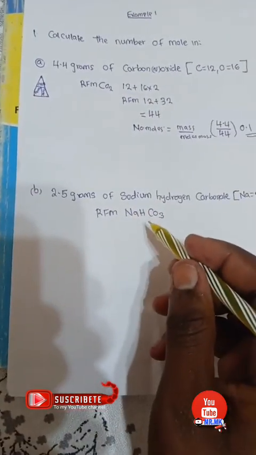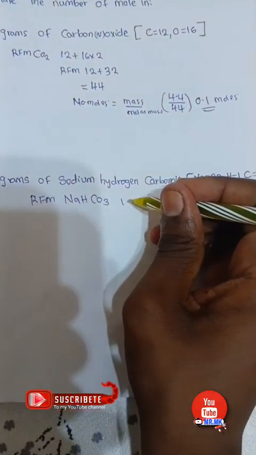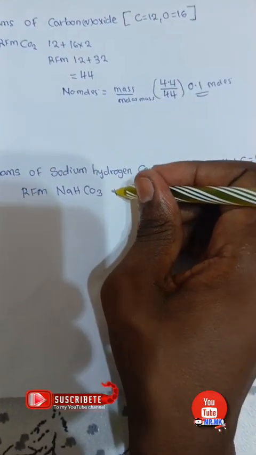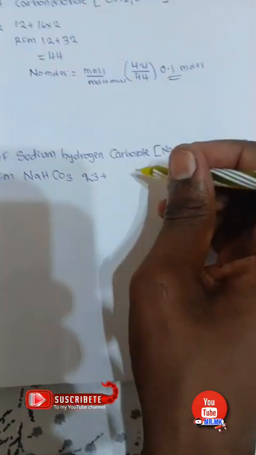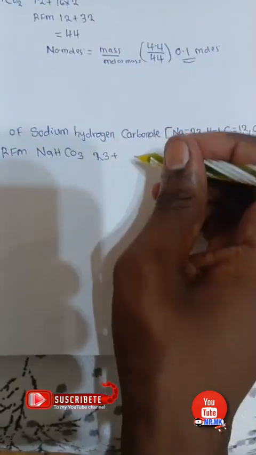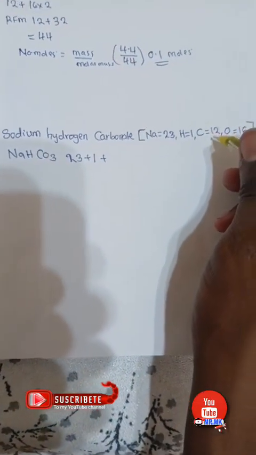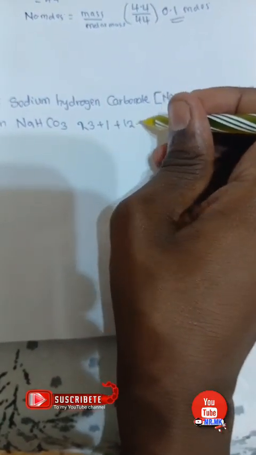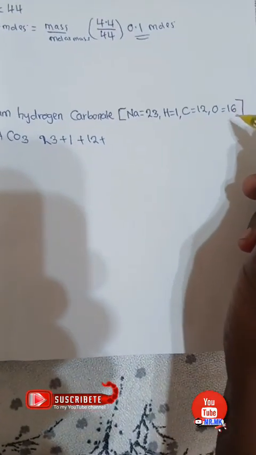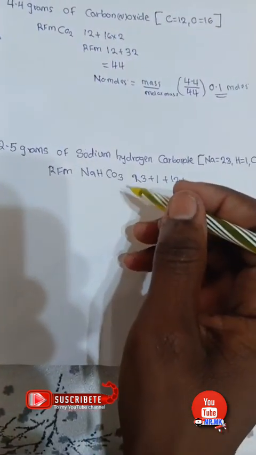Now we have sodium hydrogen carbonate. Sodium we have 23 plus hydrogen we have 1 plus carbon we have 12 plus oxygen is 16 here, but the oxygen is 3.